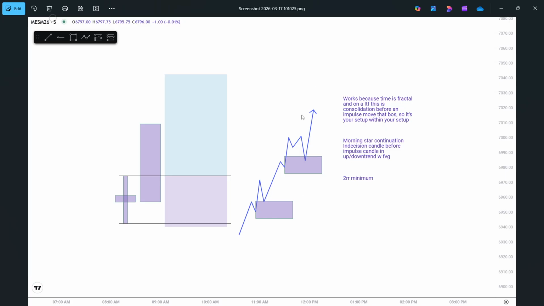Price is shooting in the opposite direction, or price is shooting in a direction with a very high amount of momentum. This is when you're going to be trading this indecision candle before impulse. Shoot, this might be my YouTube thumbnail. Actually, this is tough. I did this. All right.